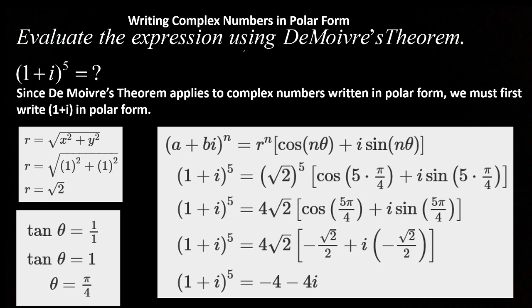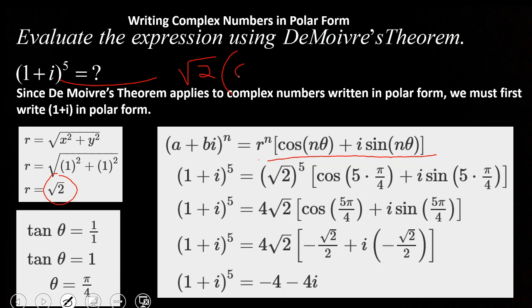So now, this to the 5th power is the same as the polar form to the 5th power. The polar form to the 5th power would be r to the nth, which is 5th. So we have to write this number as square root of 2 times cosine pi over 4 plus i sine pi over 4.